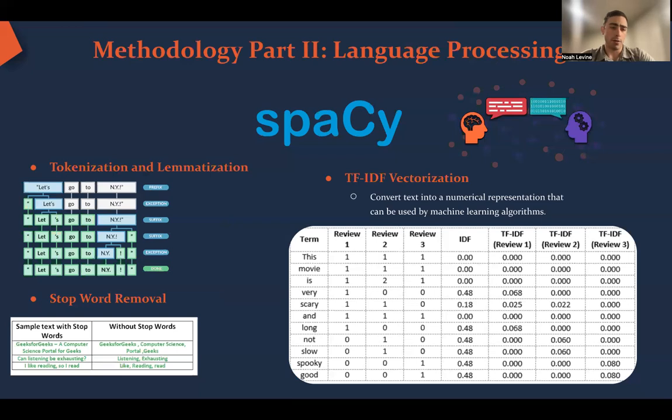And there are a few different features of spaCy. One of them is tokenization and lemmatization, which is the example you can see below. You can break a sentence down into its individual words, and then you can break each word down into its underlying root words. So like running is just run. And this is what spaCy allows you to do with a corpus of text.